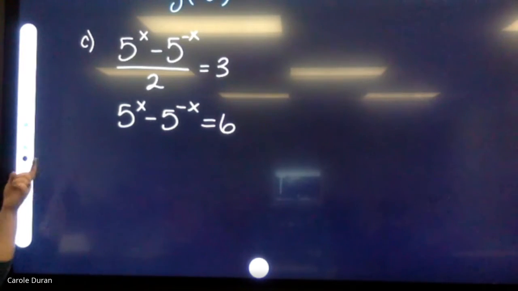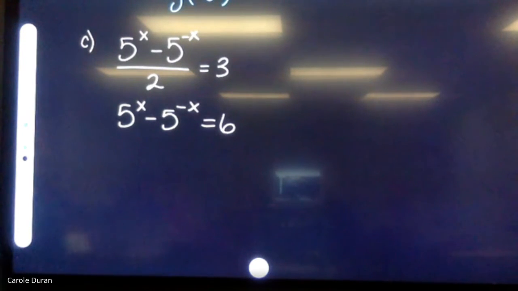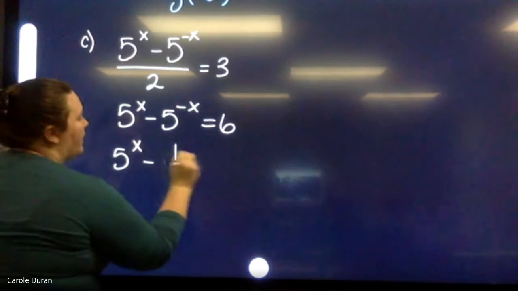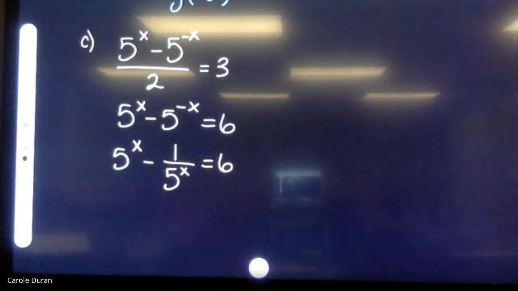One of them is negative, right? And what do I know about a negative exponent? It moves to the opposite side of the fraction. So this is the same as 5 to the x minus 1 over 5 to the x equals 6. We just got rid of the fraction. Okay, so what do I not like about my problem now?